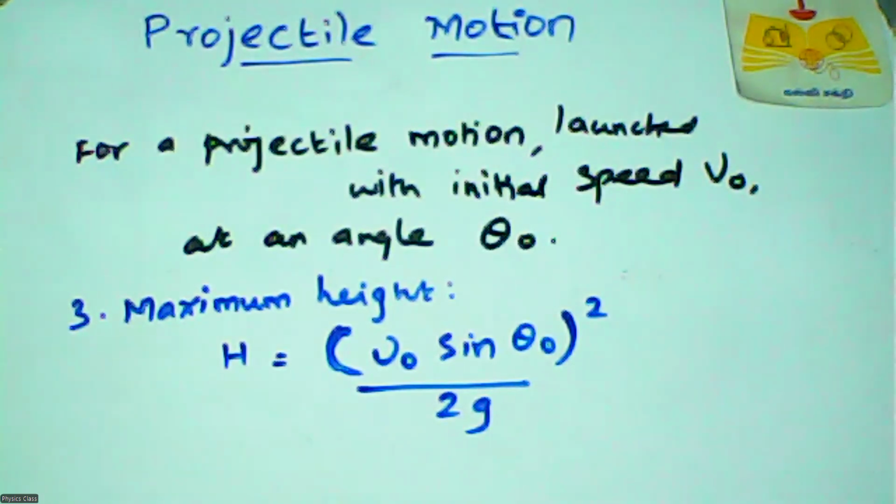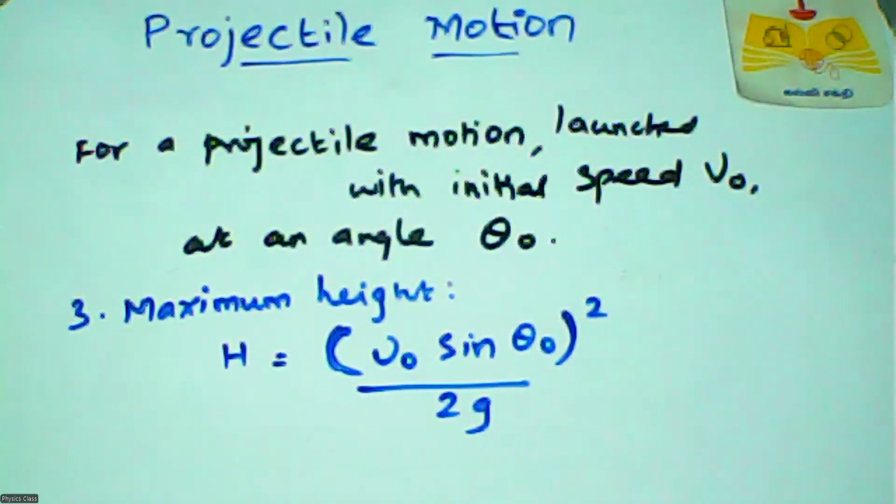Any questions so far? Type in the chat box or unmute yourself. Write down these three equations: range, time of flight, and maximum height. Okay, let's see this in action.